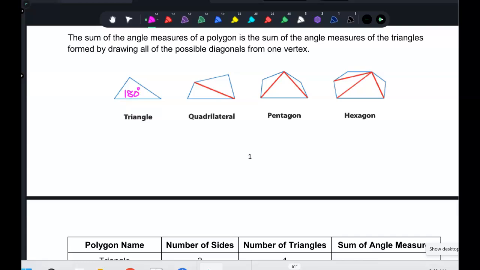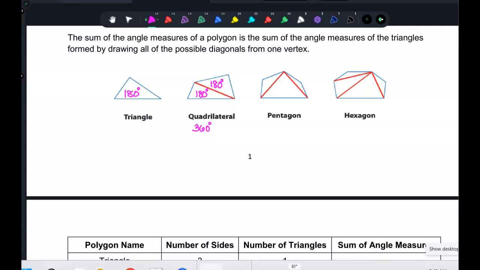What about a quadrilateral? 360, because I can create two triangles, and each of those triangles has to be 180. So a quadrilateral, no matter what it looks like, has to add up to 360.